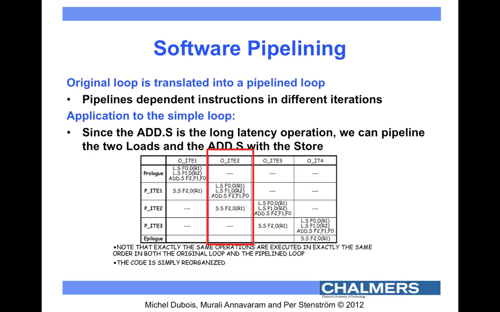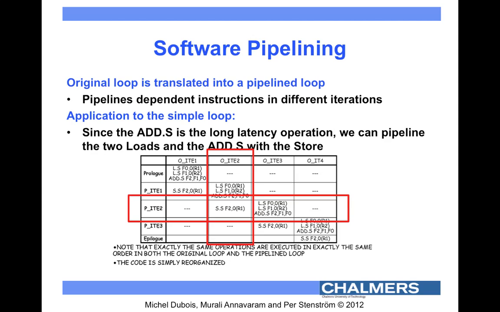So now we want to form a new iteration by looking horizontally. Here we form, in the software pipeline loop, iteration 2. What we do is that we want to execute the store from the original iteration 2 plus the loads and the add from the original iteration 3.